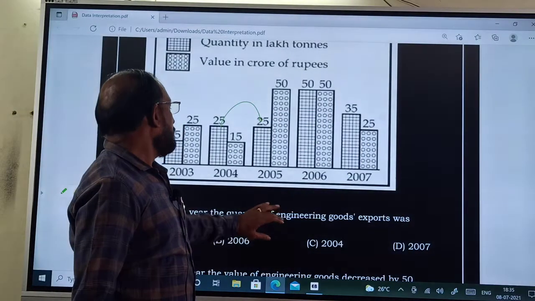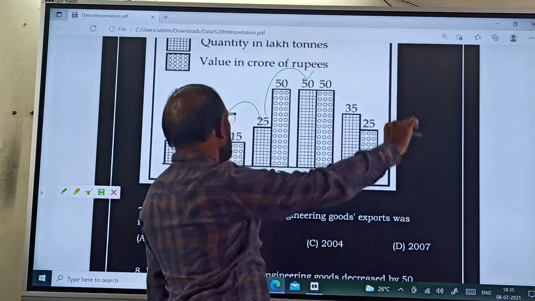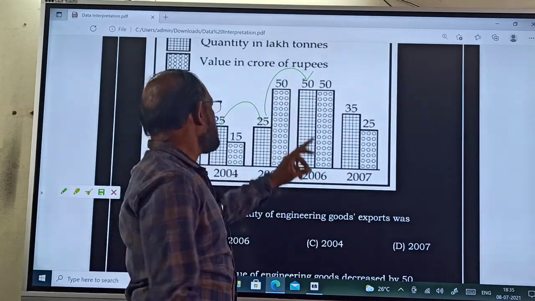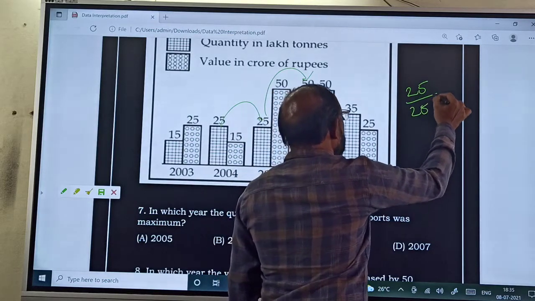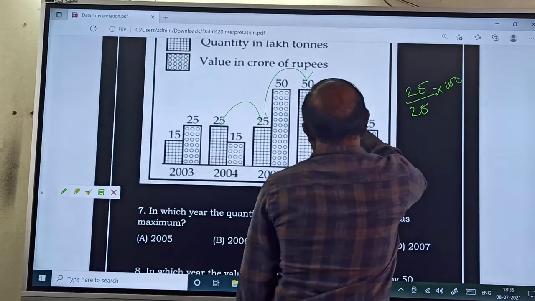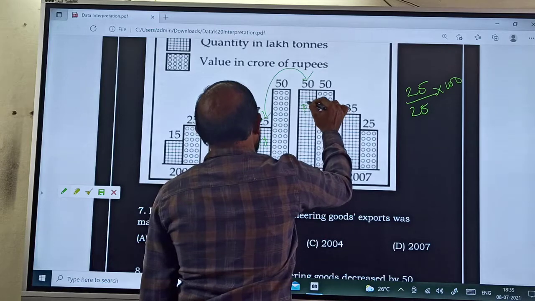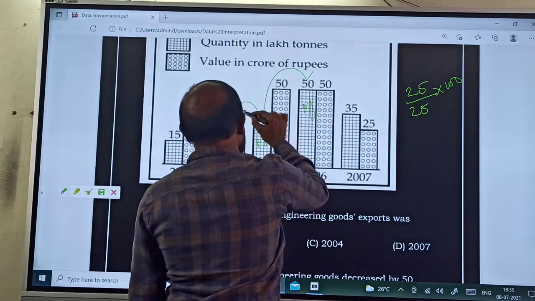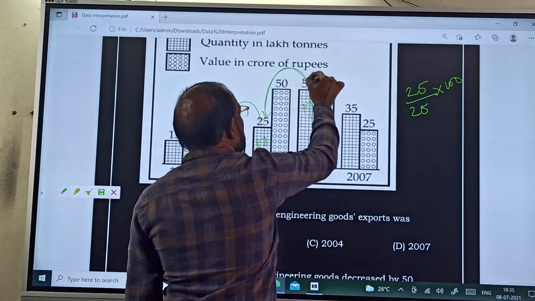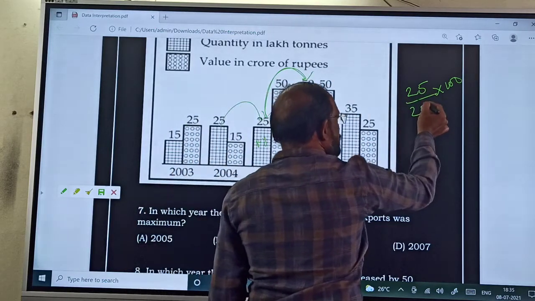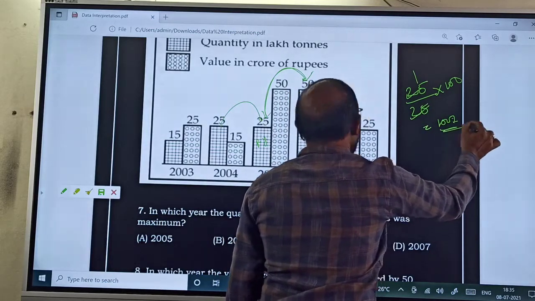Yes, 2005 to 2006 we will check. How much increase? 25 by 25 into 100, 100% increase, because we have to calculate relative to the previous year. Previous year, present year. Here also 25 by 25 into 100%. 25 to 50, so the difference is 25 once, so 100%.